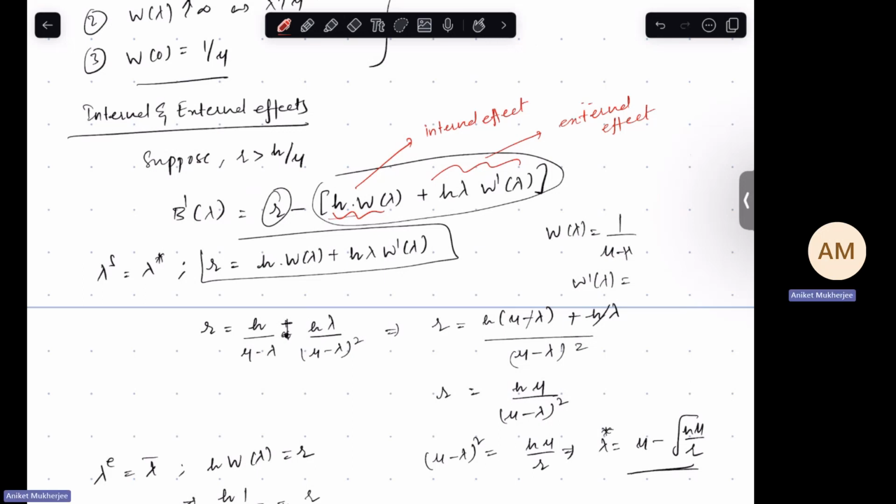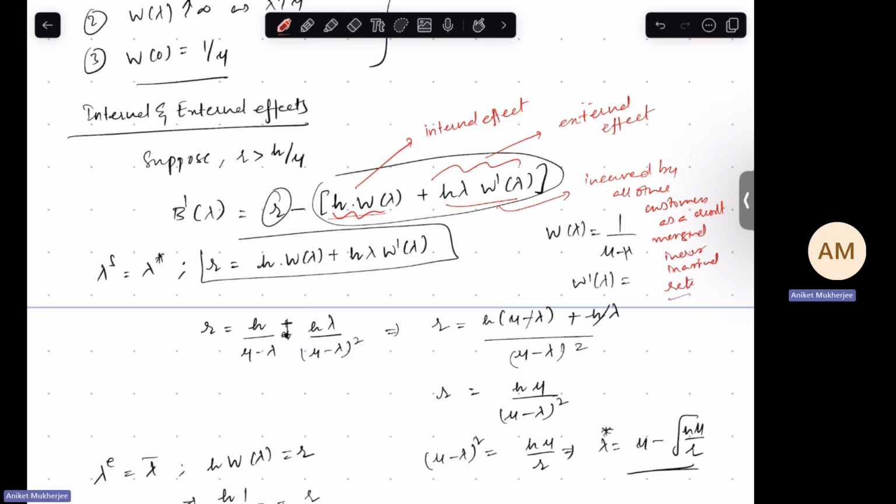So H into W lambda is the internal cost borne only by the customer when the arrival rate is lambda. If he joins, then this is what he has to pay. On the other hand, the quantity H lambda W prime is a marginal increase in waiting cost incurred by all other customers as a result of a marginal increase in arrival rate.